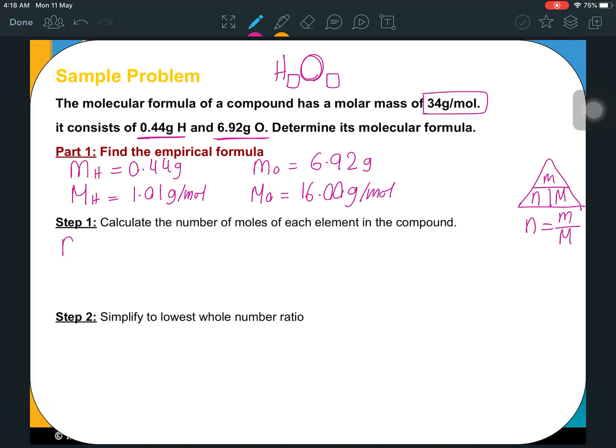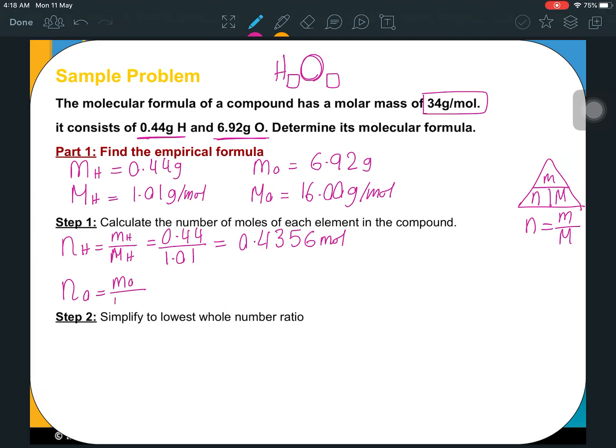The number of moles of hydrogen is equal to the mass of hydrogen divided by the molar mass of hydrogen, which is 0.44 divided by 1.01, which gives me approximately 0.4356 moles.